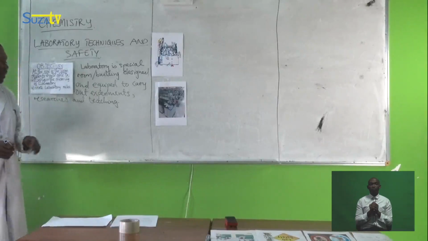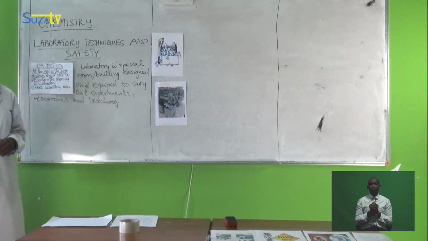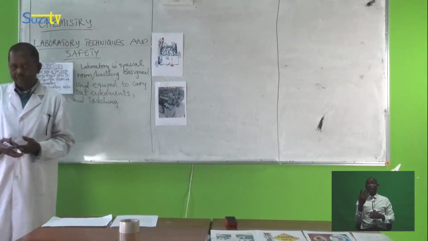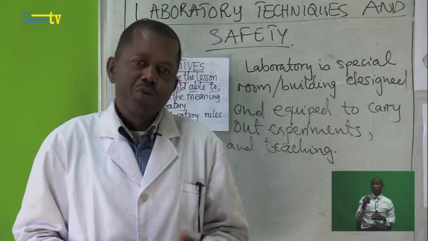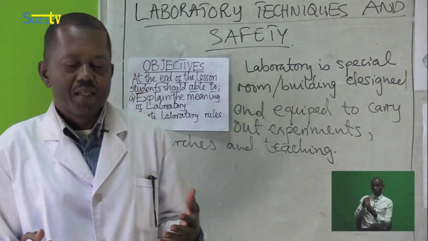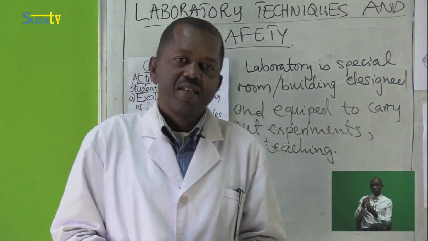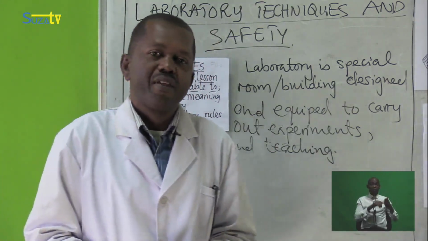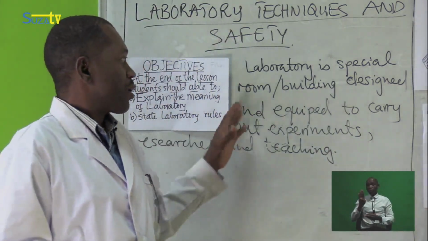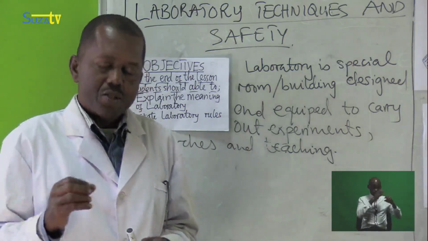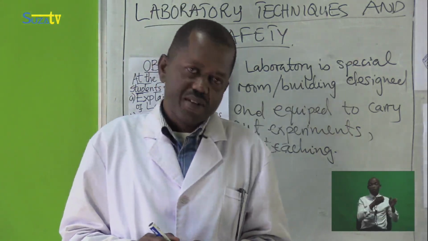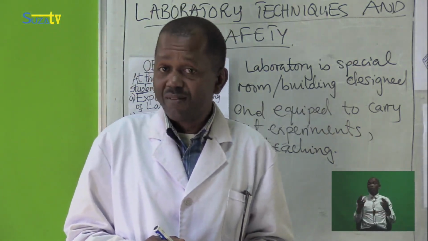So, if we have laboratories in our schools, let's see how many of them. The subjects taught in science are chemistry, biology and physics. So the laboratories in school are the biology laboratory, the chemistry laboratory, and the physics laboratory. But sometimes even computers need a laboratory.